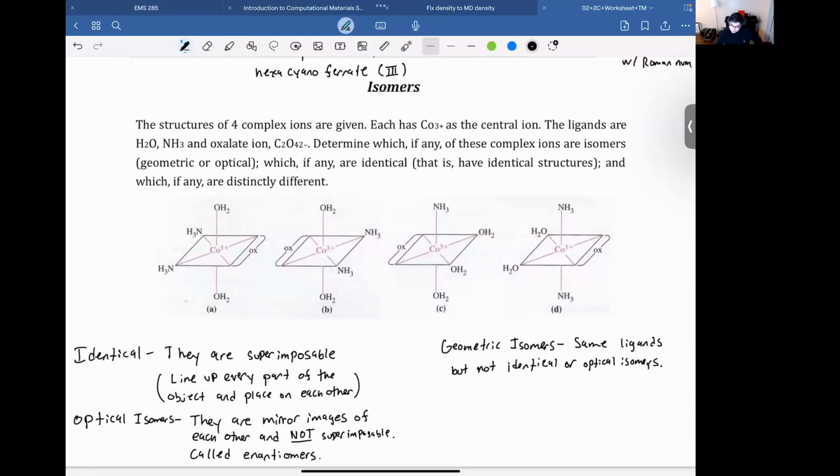So if they have the same attachments and they're neither identical nor optical isomers, then they're geometric isomers. Then the last one is if they're different, they just have different ligands.